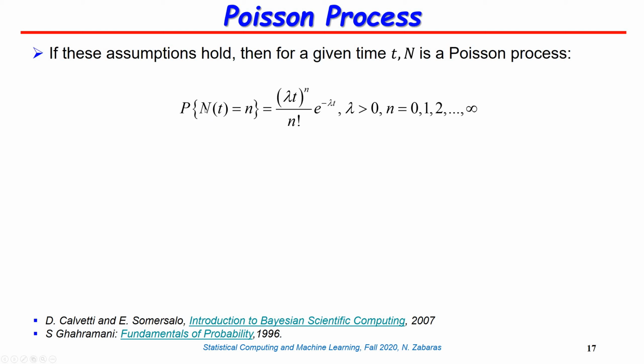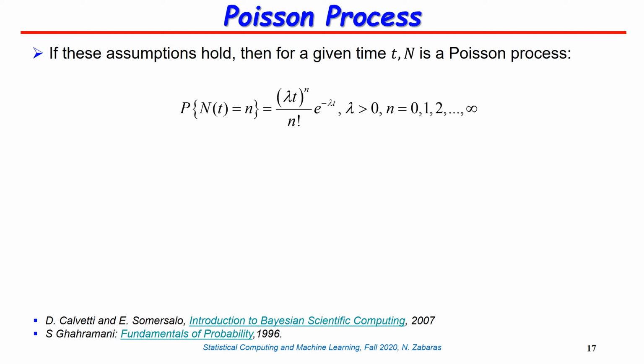And if I take a realization of those events, so let's say when capital N becomes little n, the density of little n follows this distribution that is called the Poisson distribution. I am not giving you any proof, but I give you a reference on the bottom.